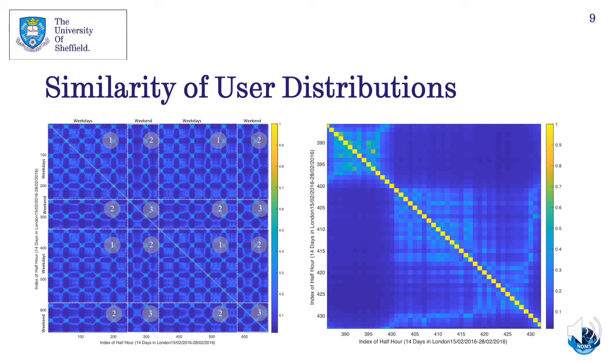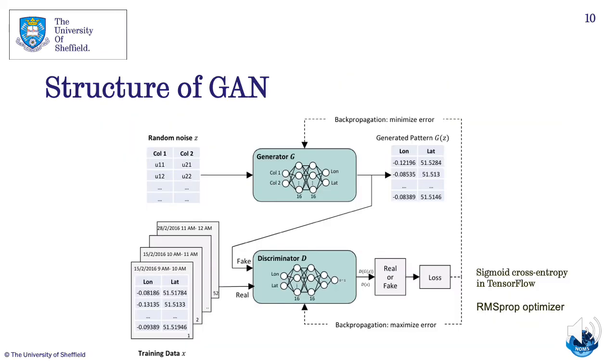That helps us filter the training data. Then we use a GAN structure here, inputting the noise and the traffic, and use backpropagation to train the model, with sigmoid cross entropy in TensorFlow to optimize it.